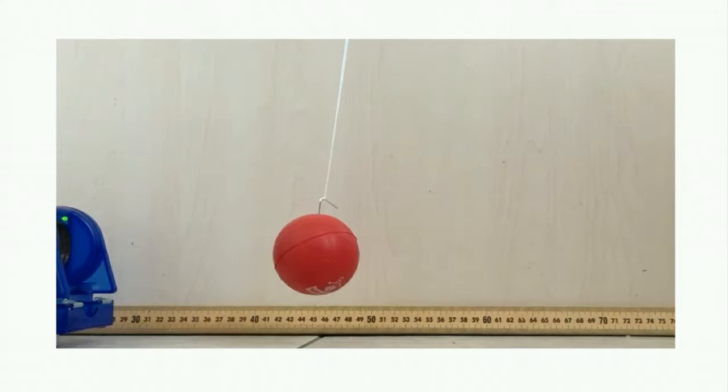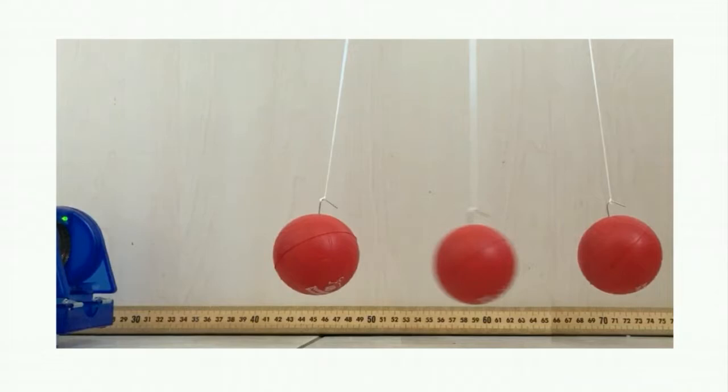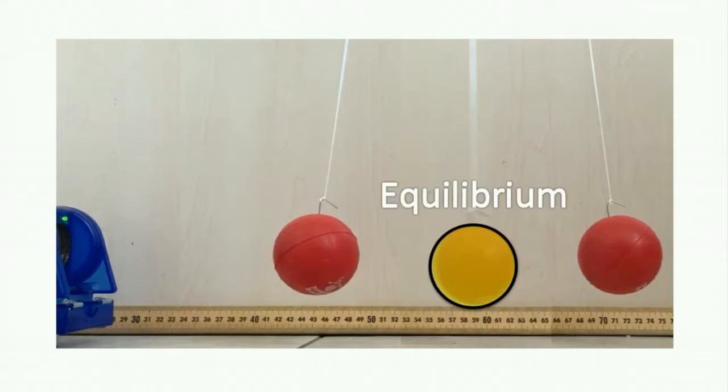This is one extreme position of the pendulum. Here we have the middle position of the pendulum. And finally, we have another extreme position for the pendulum. And then, of course, the pendulum goes back and forth. The middle position is called the equilibrium.